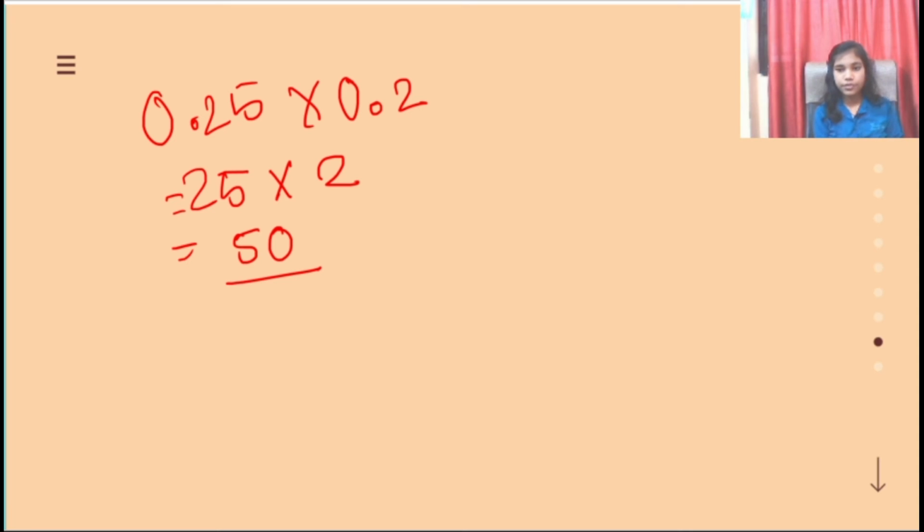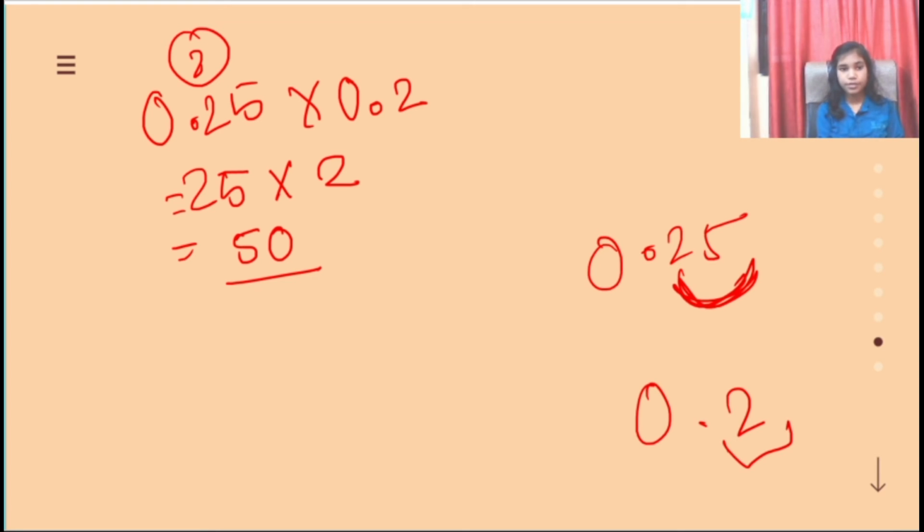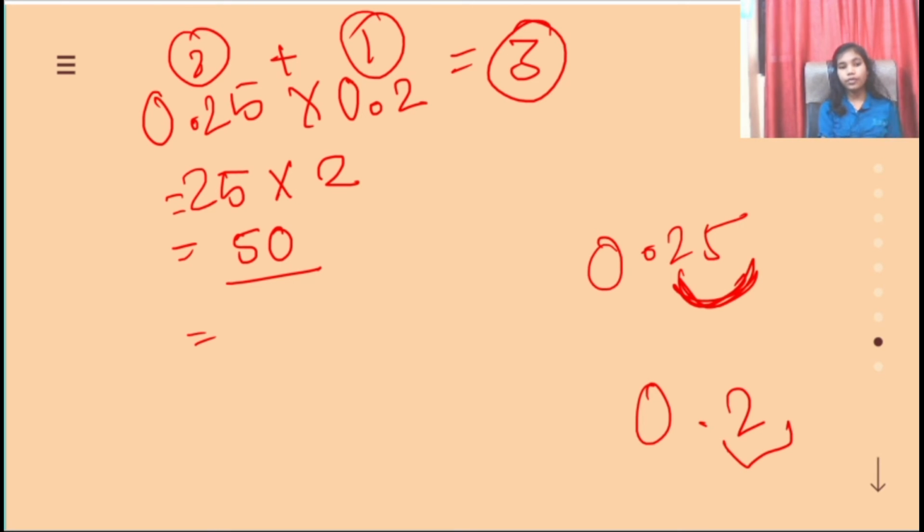The first number, 0.25, has 2 places, so we write 2. The second, 0.2, has only 1 place, so we write 1. Now add them: 2 plus 1 equals 3. So 3 places should be counted from the right. Now 50 is only a 2-digit number, so we put a 0 before the 50, giving 0.050.